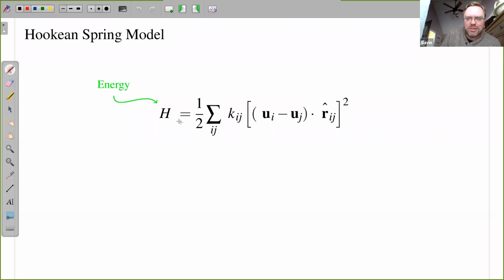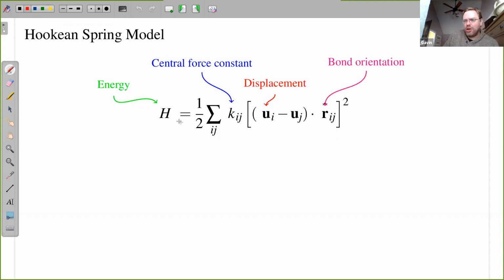So the energy of the system is basically depending upon the central force constant, the stiffness, the Hooke's constant, and then you just have the displacement. And then, it's only if it's in the orientation that the bond is oriented that you get any energy, right? So it's only when you deform a spring in the direction that it's pointing.